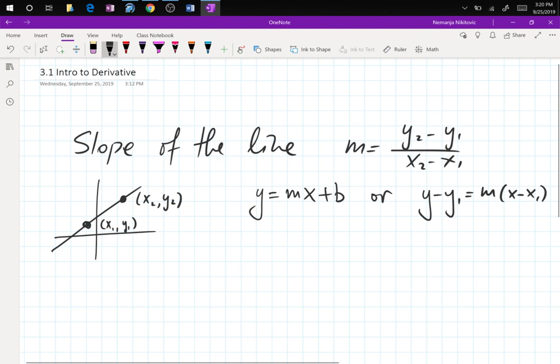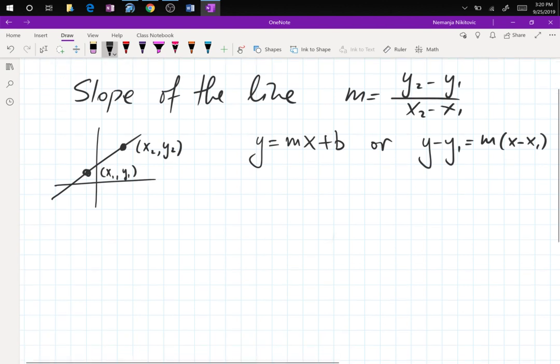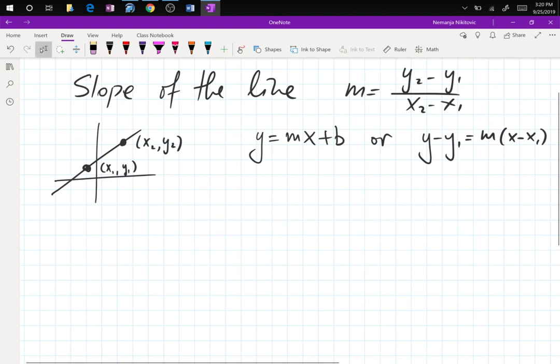So let's take a look at the concept of what is called a secant line, which was there in 2.1, and we skipped 2.1 because it belongs actually in 3.1, where we work out the whole thing.